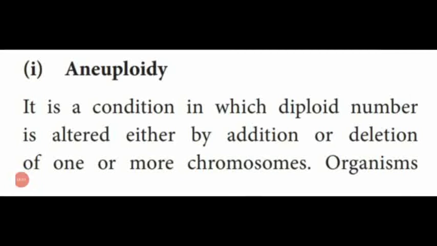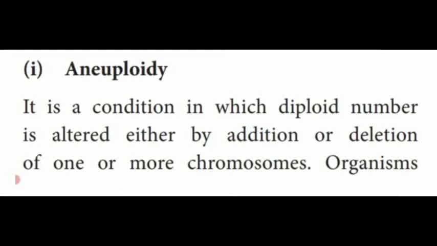Dear students, see the definition of aneuploidy. It's very, very important. Aneuploidy is the condition in which the diploid number of chromosomes is altered either by adding one or more chromosomes or by deleting or eliminating one or more chromosomes. That is said to be aneuploidy.